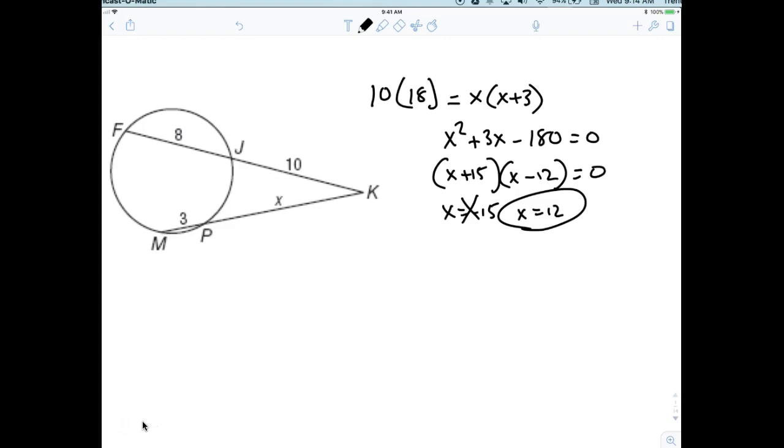Now, please practice using your calculator. The first thing I want you to type in is x squared plus 3x minus 180. Then when you graph it, the window may not allow you to see where it crosses the x-axis. So some does, some does not, depending on how your window was set up.